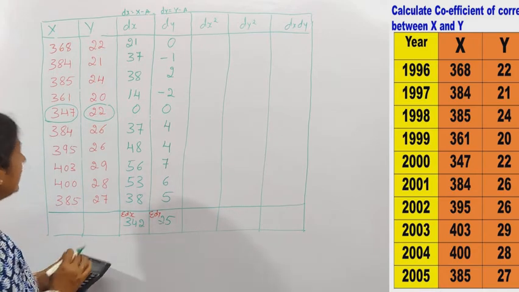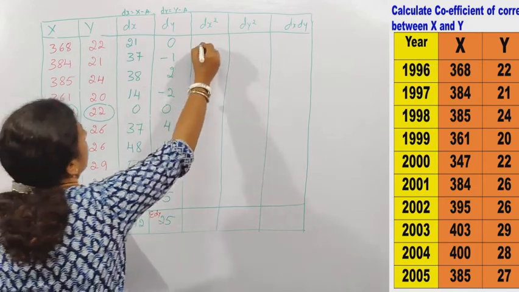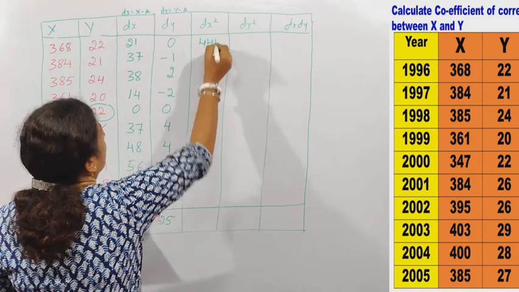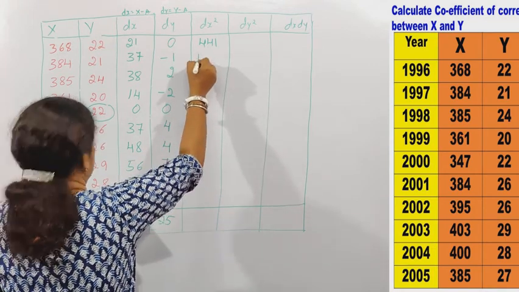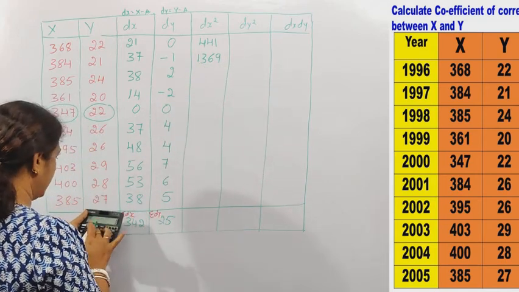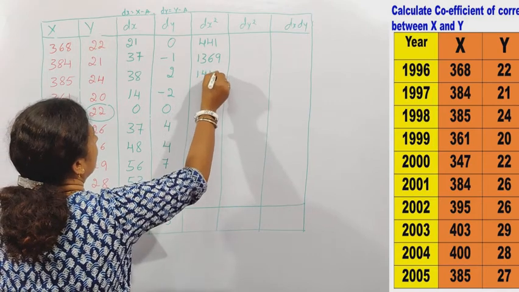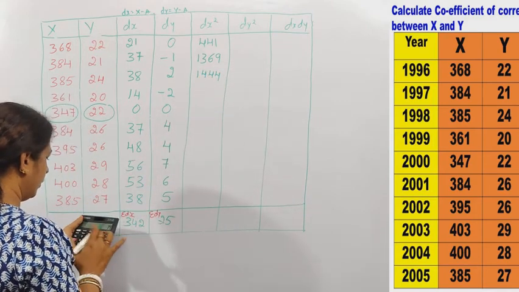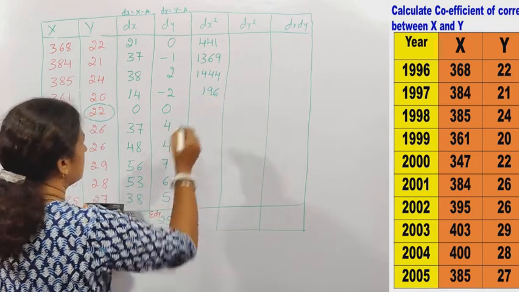Okay, next dx square. 21 square 441. Next 37 square 1369. 38 square 1444. 14 square 196.